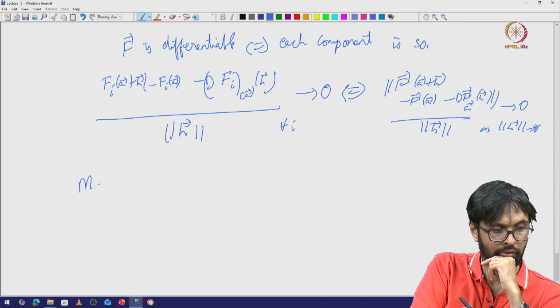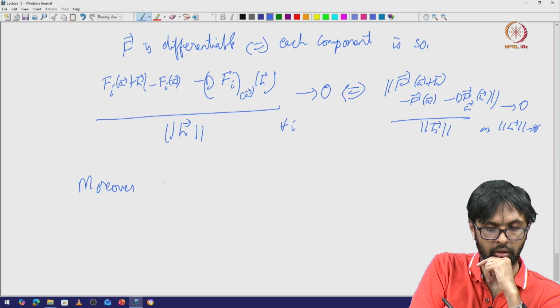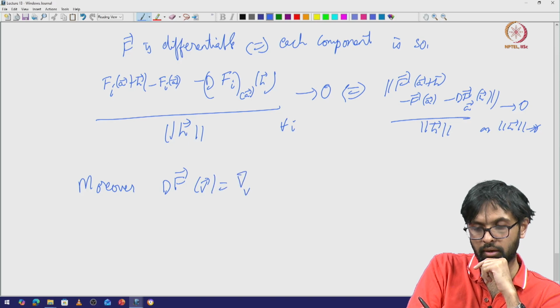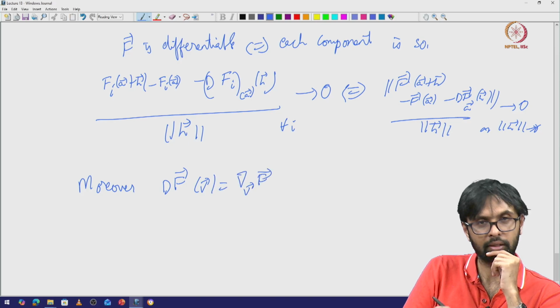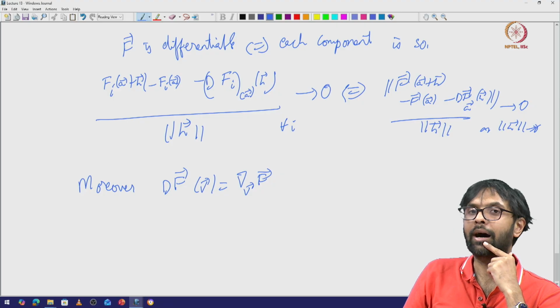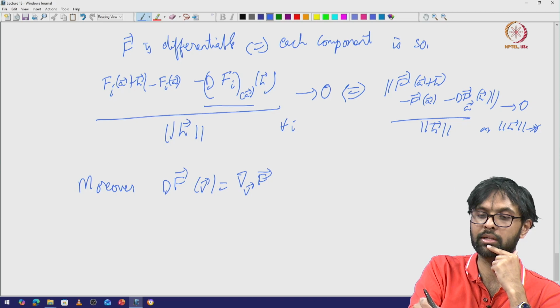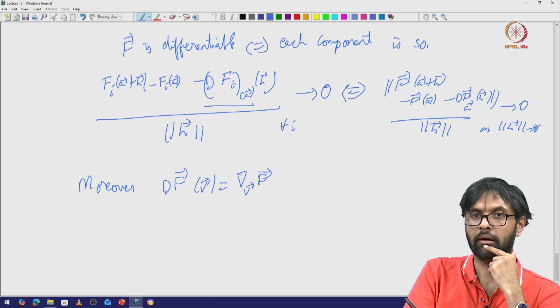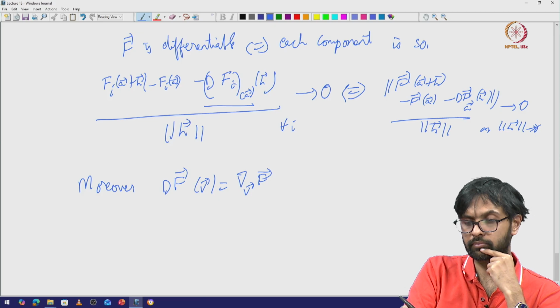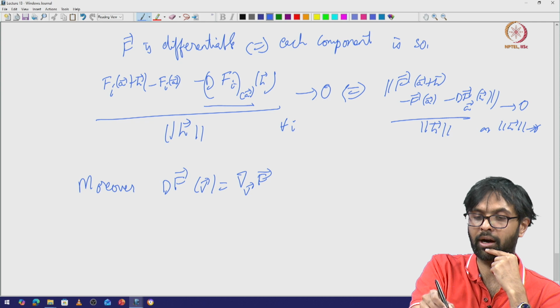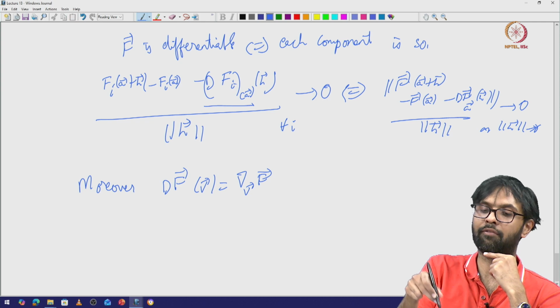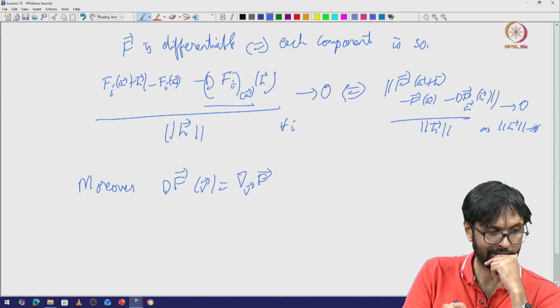Moreover, more importantly, this derivative at v is precisely the directional derivative of f. Again, how does one prove this? Well, we already know that the dfi acting on v is the directional derivative of fi along v, right?